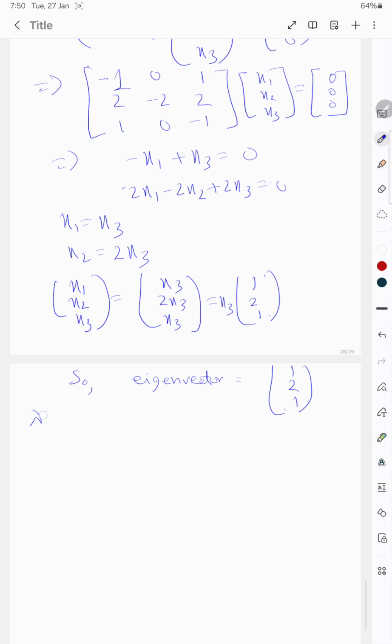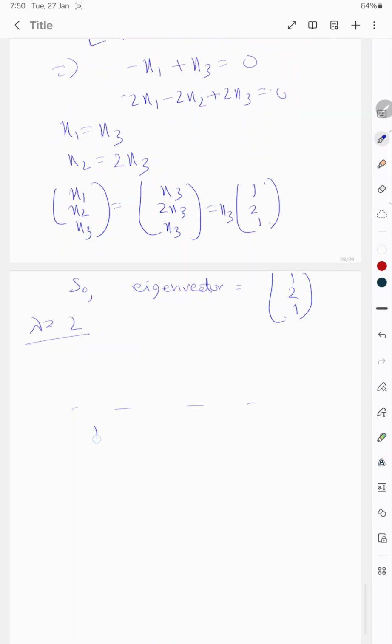Now what we will do for lambda equal to 2? The same thing, okay? You just try for lambda equal to 2. I am writing directly the equations you will get. Next you will get x1 plus x3 equal to 0, 2x1 plus 2x3 equal to 0.